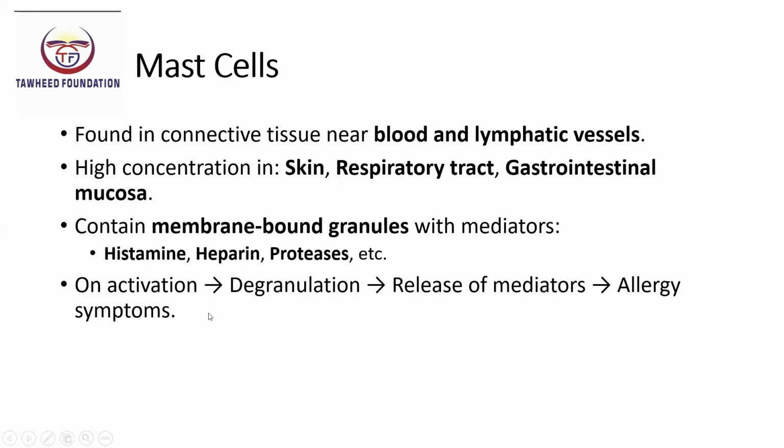When these cells are activated by allergen cross-linking of IgE, they degranulate, releasing these mediators into surrounding tissues. This results in allergic symptoms such as swelling, redness, and smooth muscle contraction.